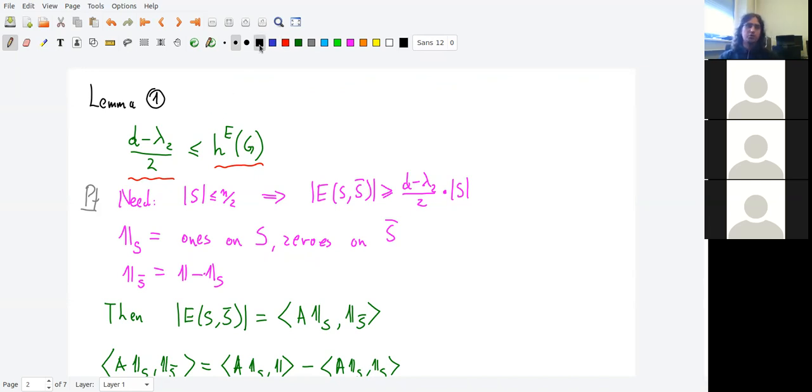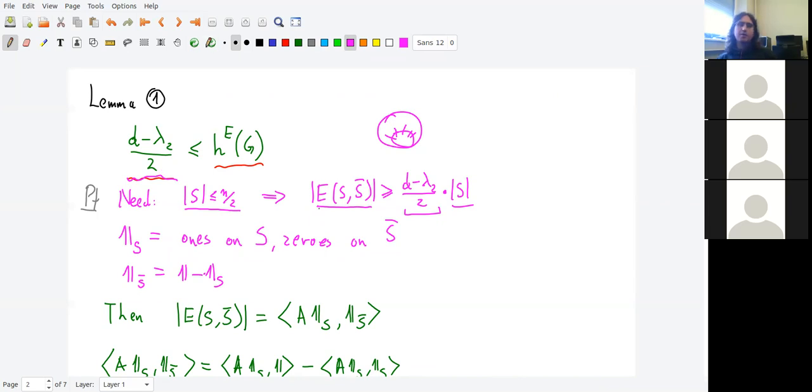Namely, what we need to prove is that whenever I've got some subset of vertices S consisting of at most half of the vertices of the graph, then there is a lot of edges sticking out of this subset. The size of the set of edges between S and the complement of S must be at least the size of S times this lower bound that is here. This is exactly the rewritten claim.